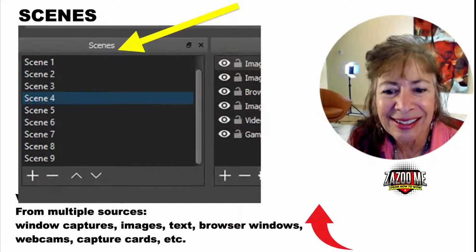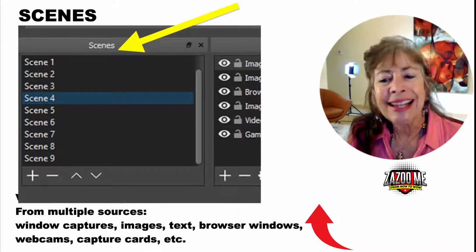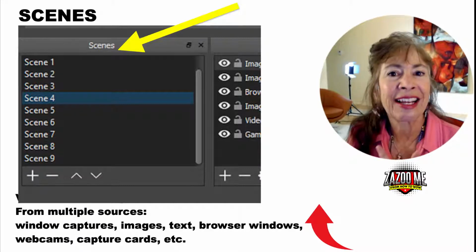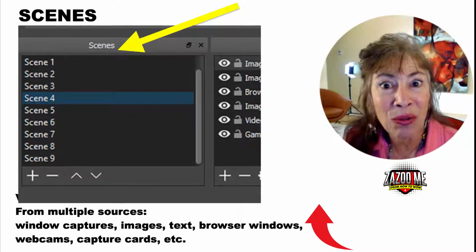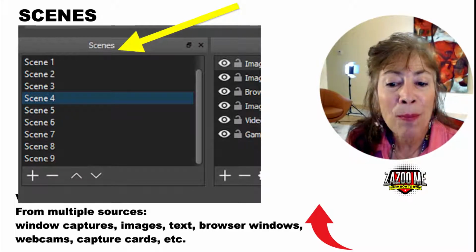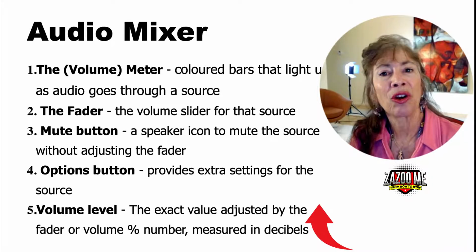And this is what makes it so much more fun. A scene can show your window captures, different images. It can show text. It can show browser windows, which I just showed you. It can show webcams or capture cards. There are many, many different things that you can do.